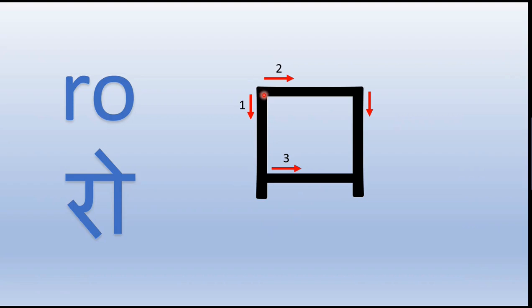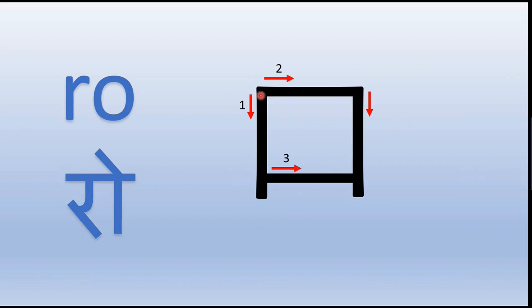First this vertical stroke, then the second stroke will be this horizontal and extending in this vertical direction up to here, and the third stroke like this. So this is the correct order of strokes for writing ro.